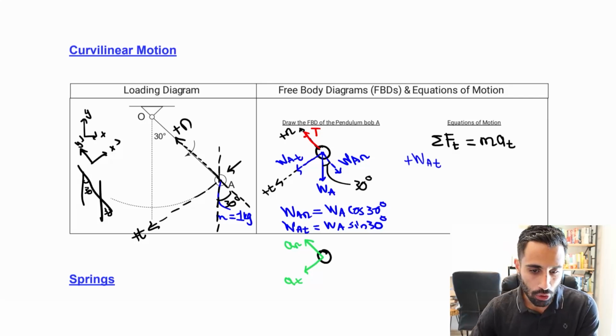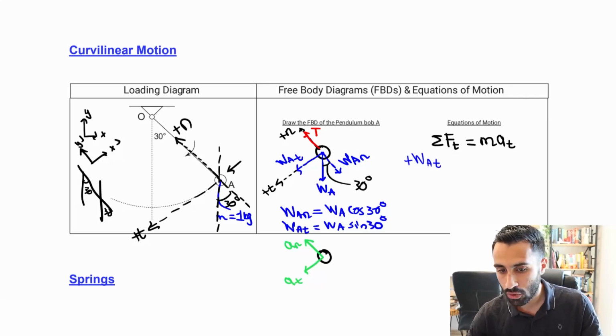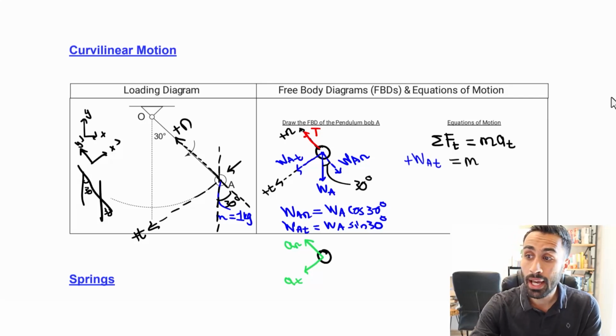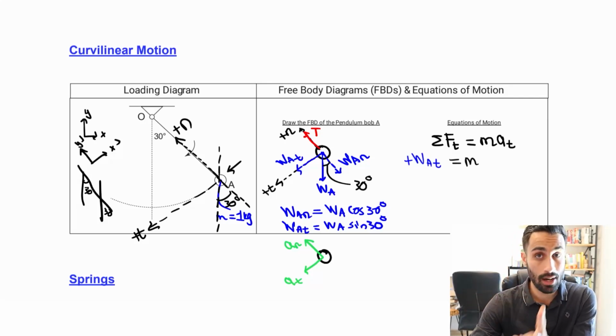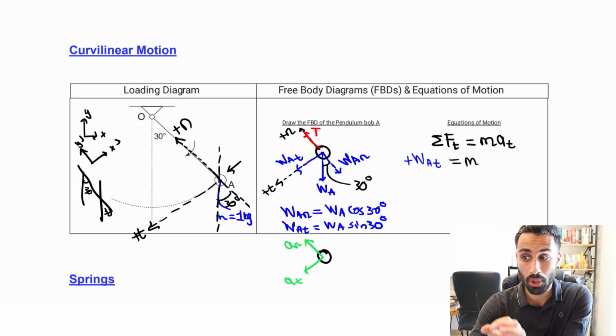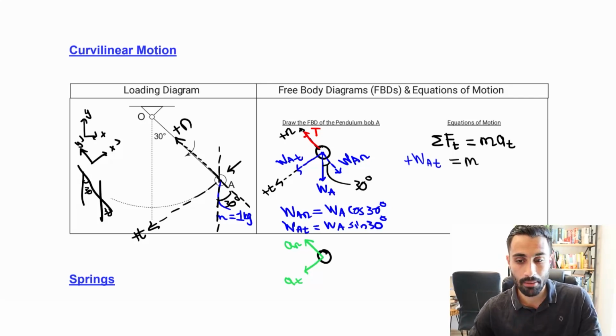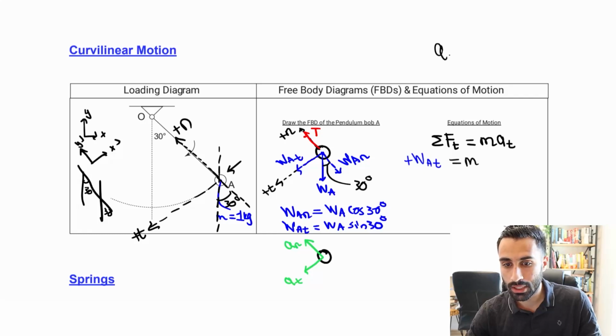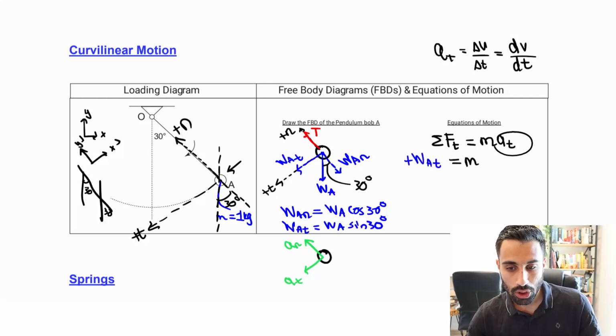And that equals mass times the acceleration in the tangential direction, which is defined under particle curvilinear motion as the change in velocity with respect to the change in time. Or in derivative form, it's going to be dv dt, the first derivative of the velocity function. So that's what we put in there, the dv dt. So that's the tangential. Note going this way is positive in the tangential.